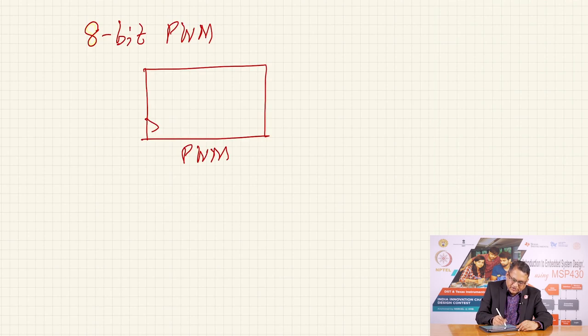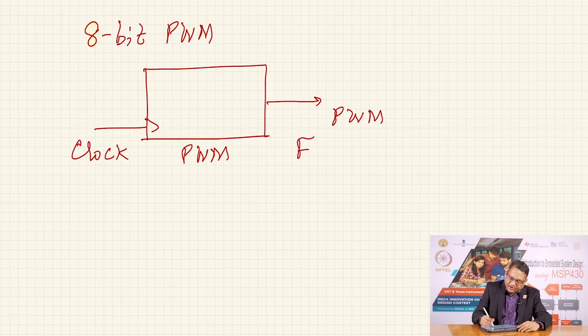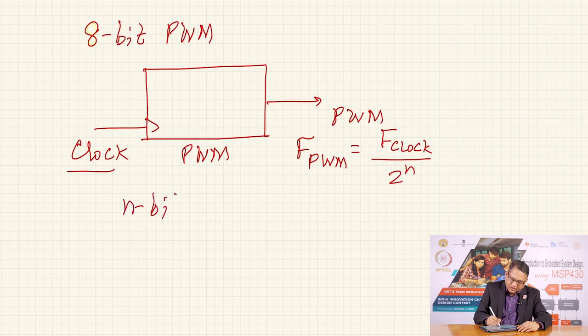The PWM generator requires a clock, the system clock or the clock that is being fed to this generator, in this case a timer. It will generate PWM. The frequency of PWM will be equal to f clock, that is the frequency of this clock signal, divided by 2 raised to power n, where you have chosen an n-bit PWM.